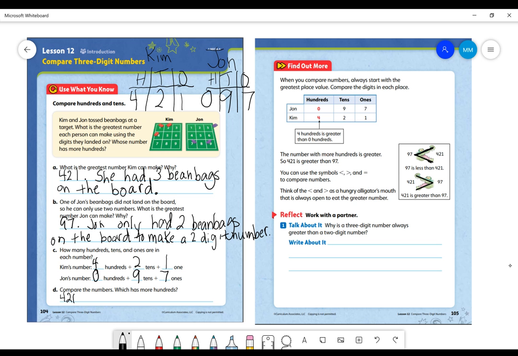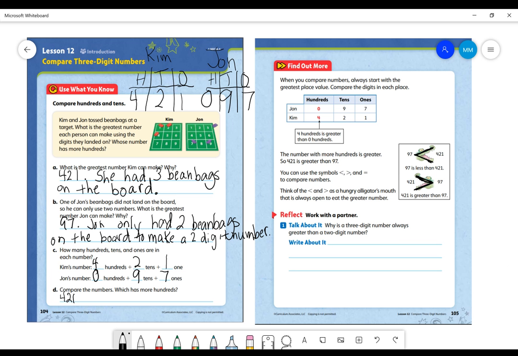So when it is open to the greater number and it's starting with the smaller number, we would say 97 is less than 421 because Allie's mouth was open to the greater number. When Allie's mouth is open first to the greater number, we would say 421 is greater than 97.